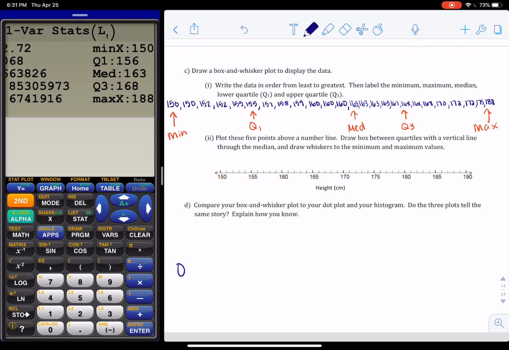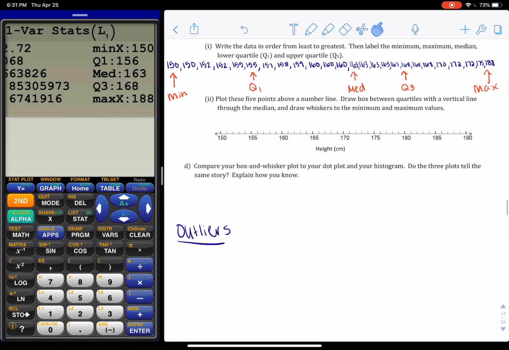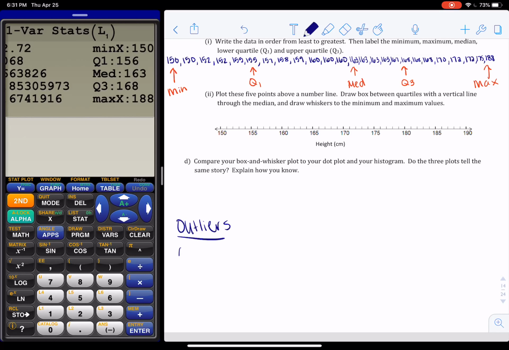We have to look for outliers. The formula for that is Q3 plus 1.5 times the IQR, and then Q1 minus 1.5 times the IQR.